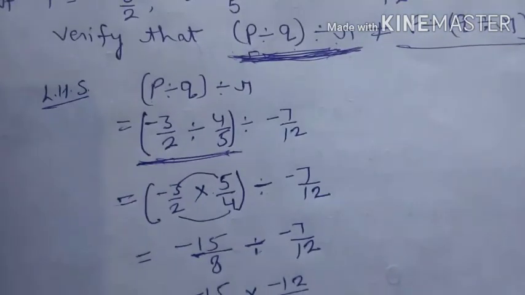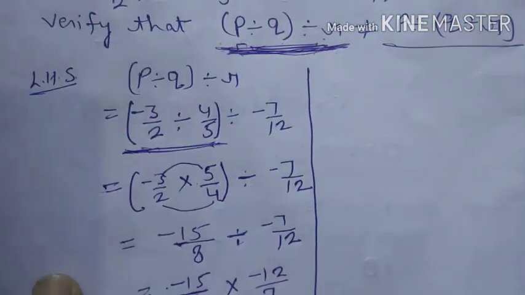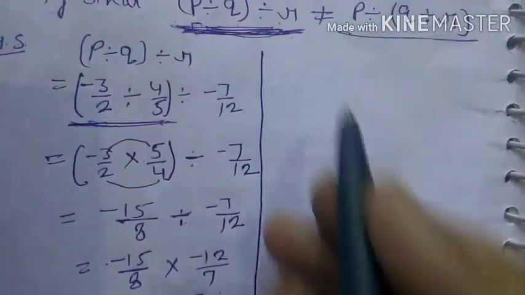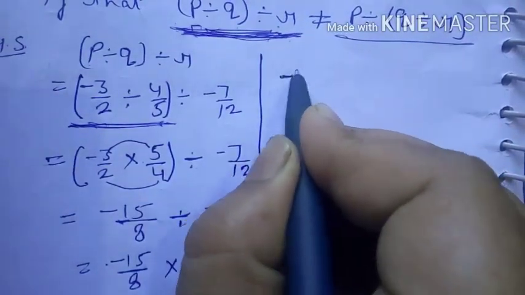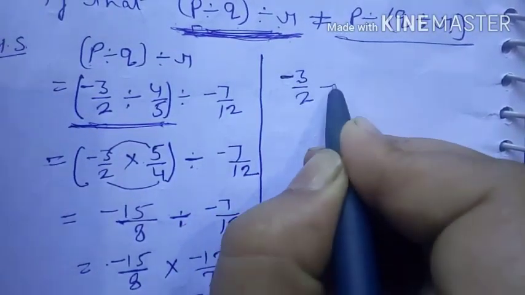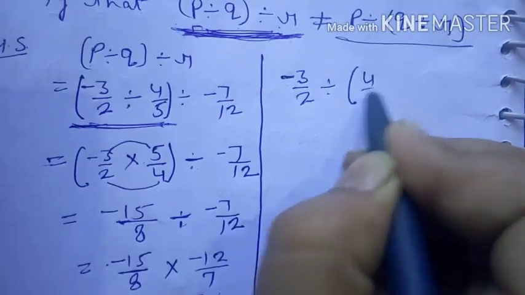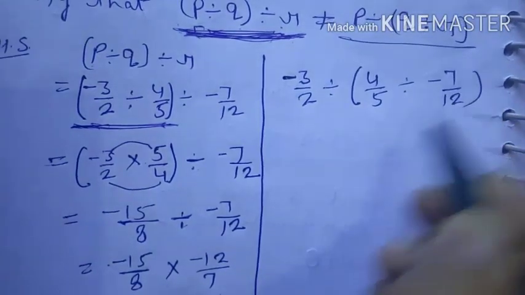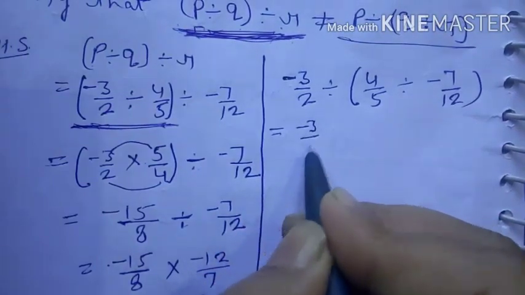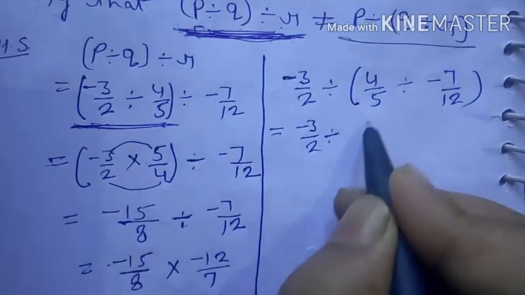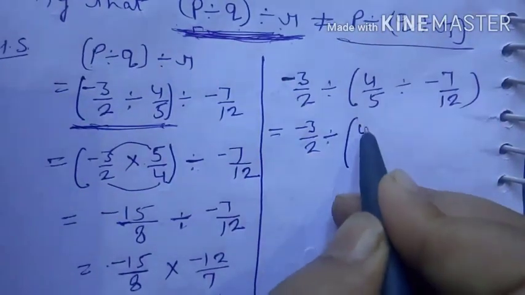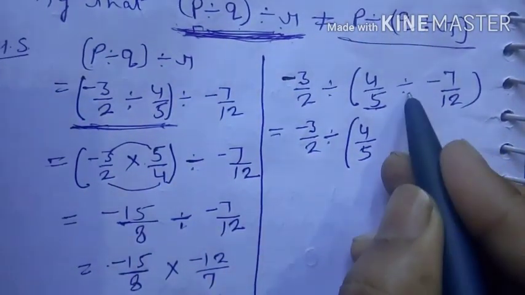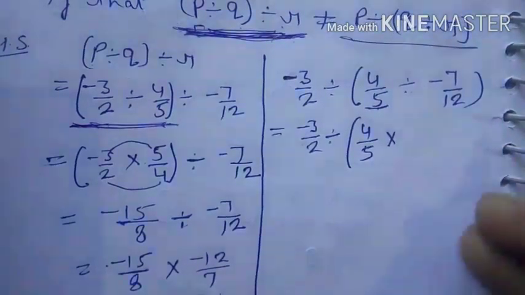Now we will move to the right hand side, and we will see that these are not equal. What is the value of P? That is minus 3 upon 2 divided by, what is the value of Q? 4 upon 5 divided by, and what is the value of R? Minus 7 upon 12. Now first of all, we will solve the part which is under bracket. Okay, now we will write first rational number as it is, and we will change it into multiplication.